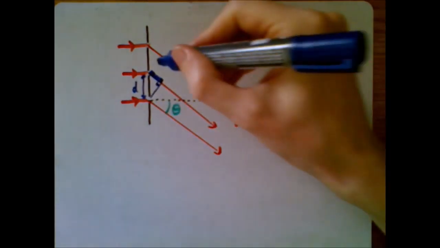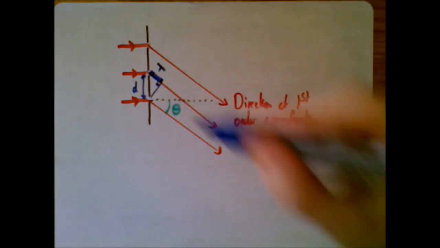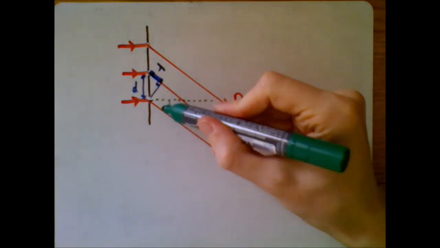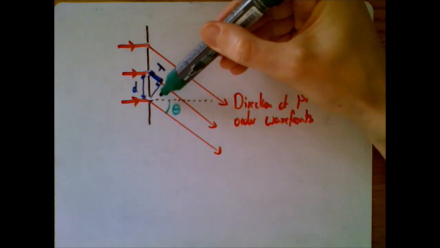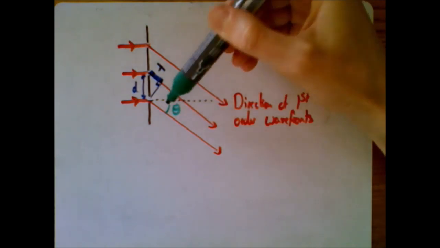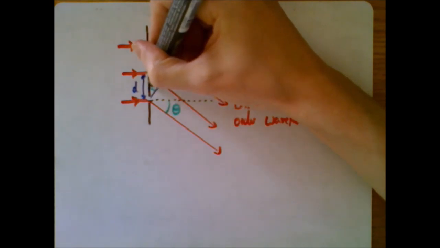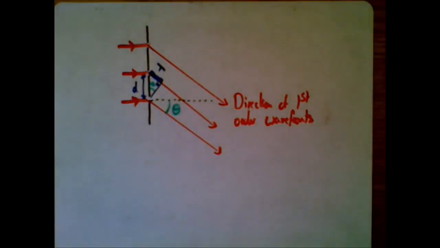So for the first order maximum, that's lambda, one wavelength. And using a little bit of geometry, that's theta. That means this angle in here is 90 minus theta, which means our angle in the triangle is theta. I apologise that it's quite small, but that is theta in there.